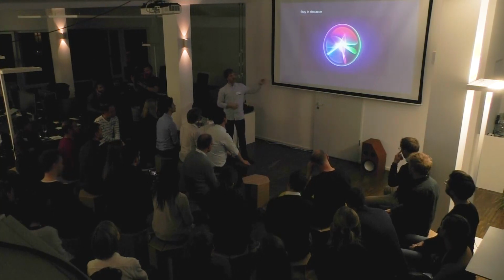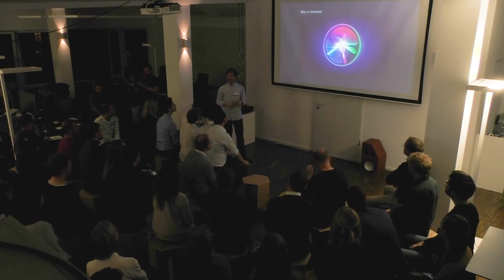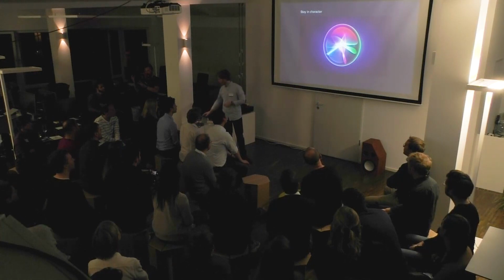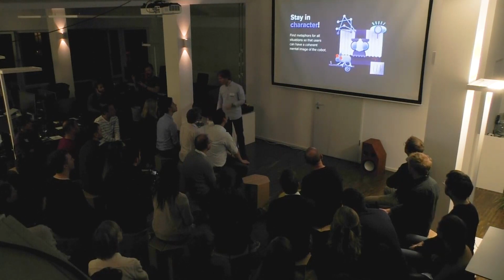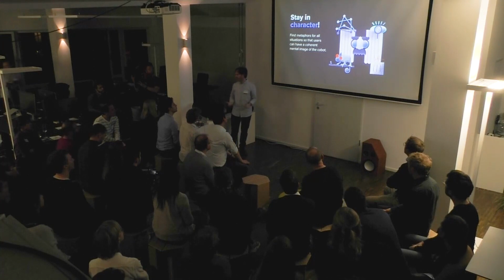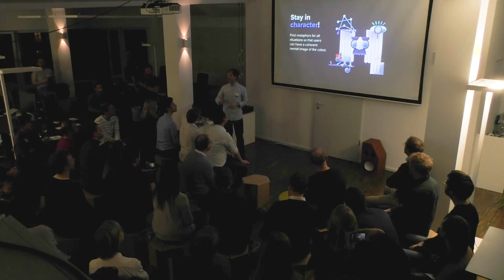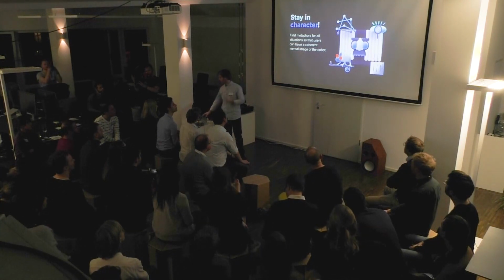And already today she lives on your phone, she lives in the HomePod. It's just lighting, it's just a bunch of lines, but they will work very beautifully in those different media. And if you want to stay in character long term, that's probably something you should consider too. So staying in character is about finding metaphors for all sorts of situations so that users can have a coherent mental image of the cobot, even if you program it, etc.